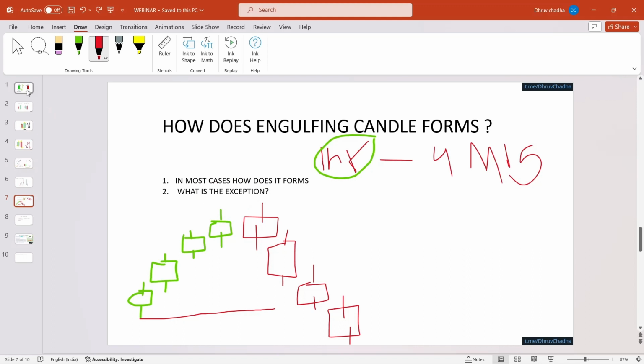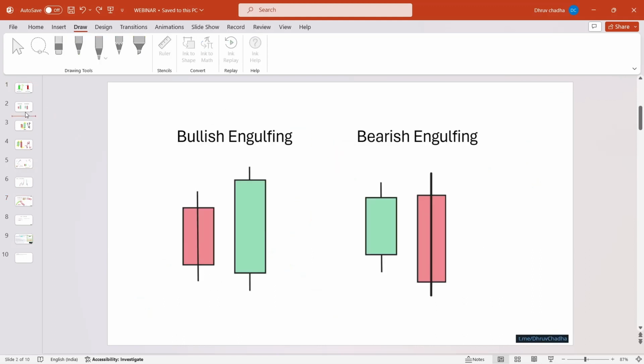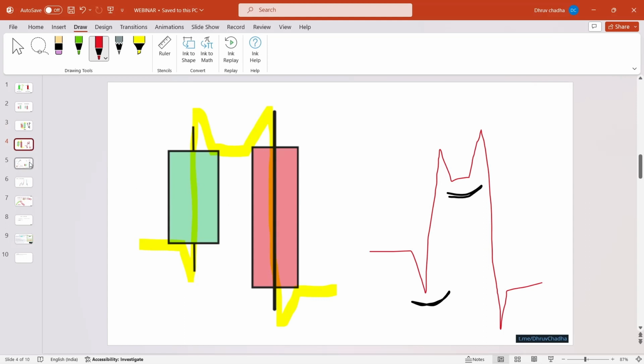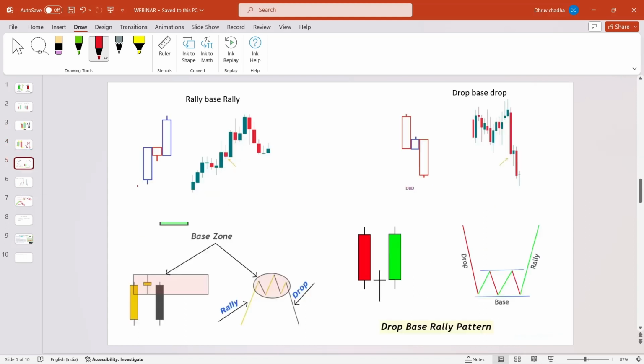Till now, I have covered OHLC, how to combine OHLC with the engulfing concept, what is bullish engulfing, what is bearish engulfing, and what it signifies, right? What simply is bullish engulfing versus bearish engulfing is rally base rally or drop base rally or drop base drop or rally base drop.